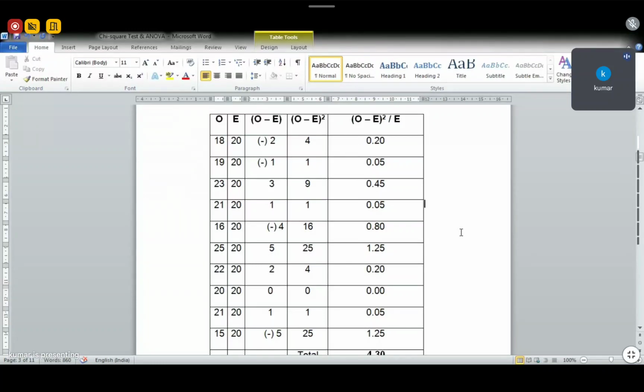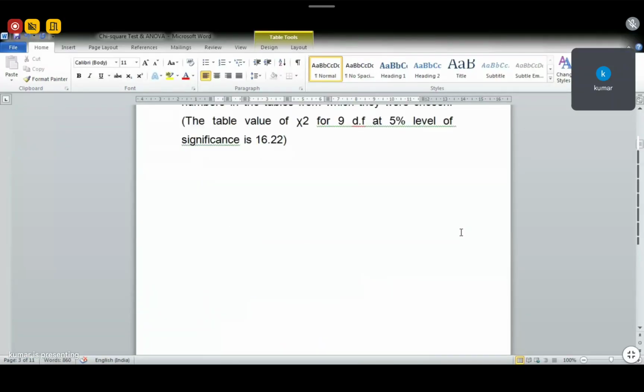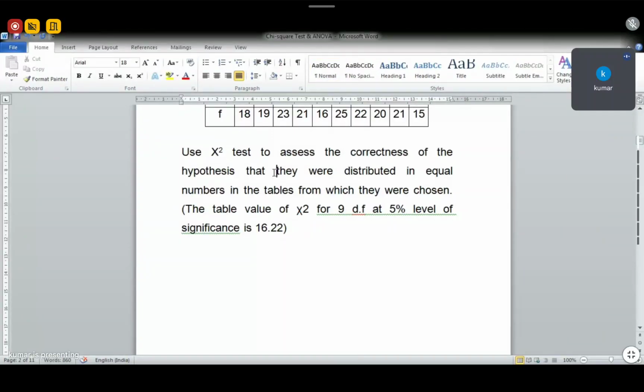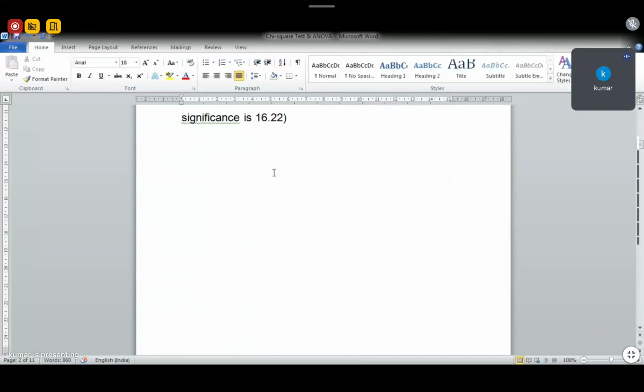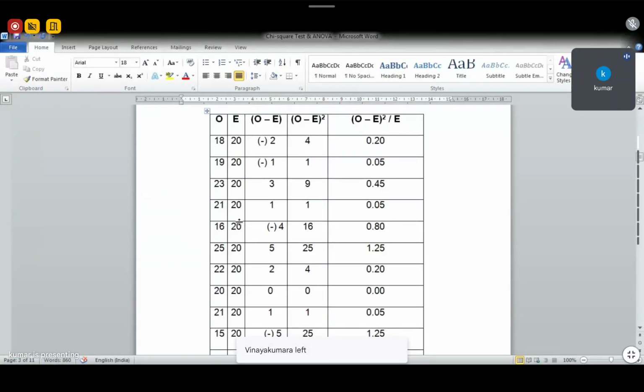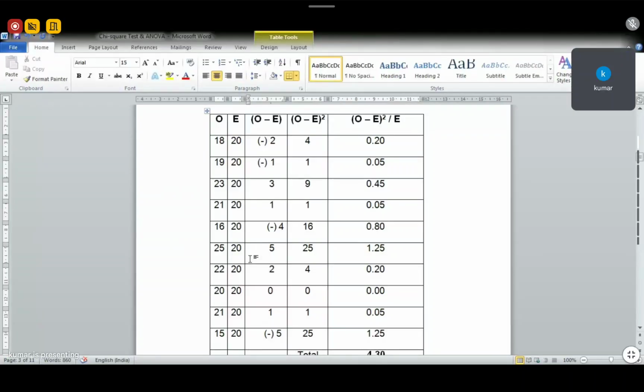So divide this 200 by 10, because it is given in the problem that they were distributed in equal numbers. So 200 distributed equally means 20, 20, 20, 20, 20 for everything. Now you can find out O minus E, O minus E whole square, and then O minus E whole square by E.